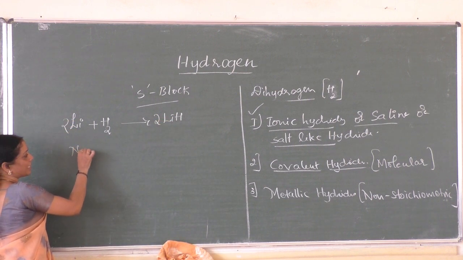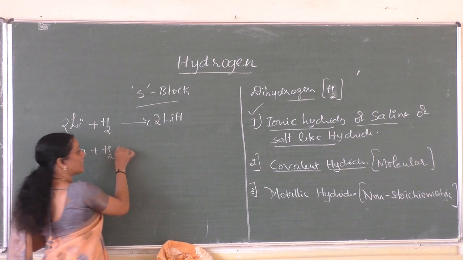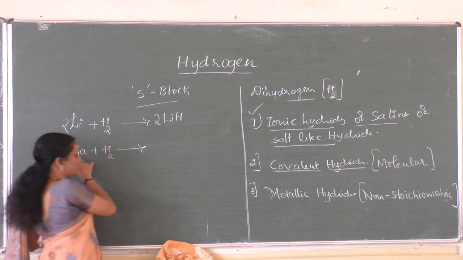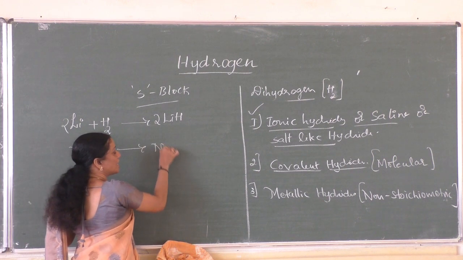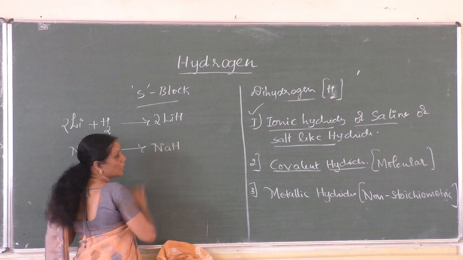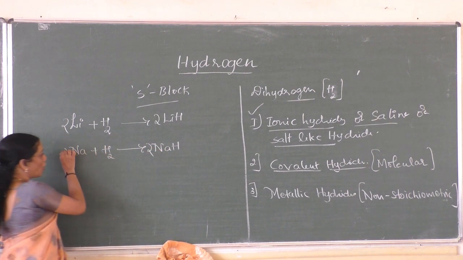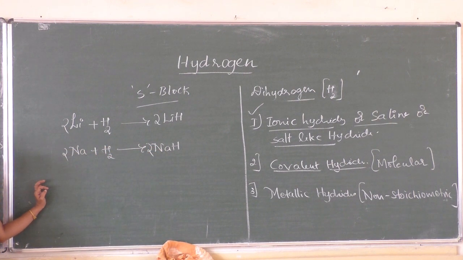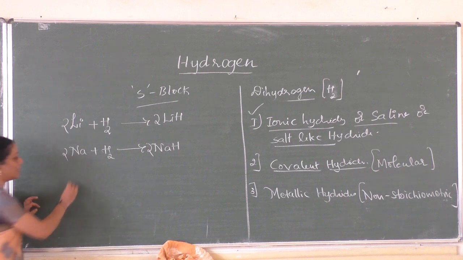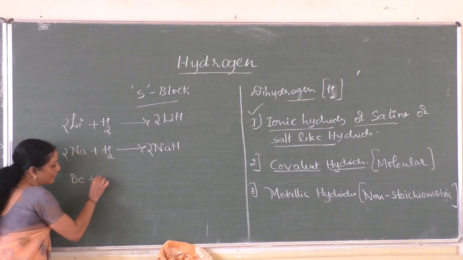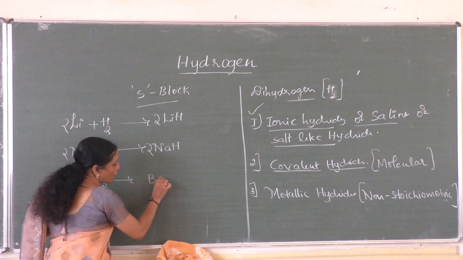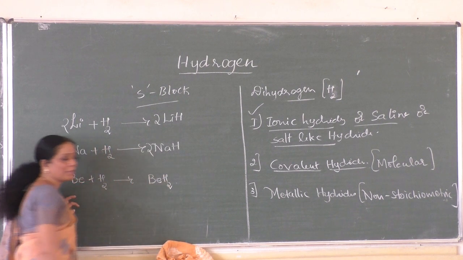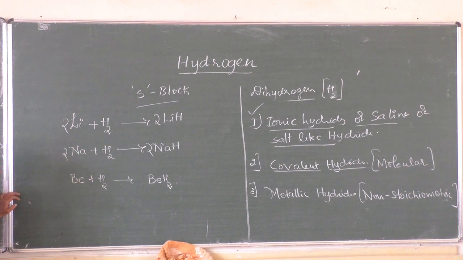Similarly, sodium combines with hydrogen under particular conditions, resulting in sodium hydride. Along with this, we can also consider second group elements, the alkaline earth metals, such as beryllium. Whenever it reacts with hydrogen, it forms beryllium hydride, BeH2.